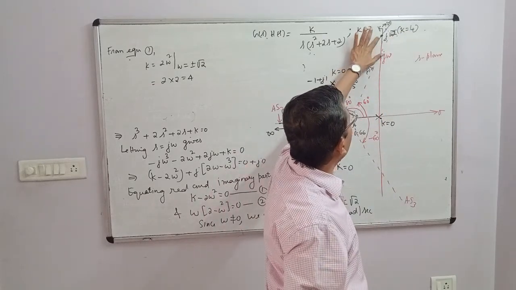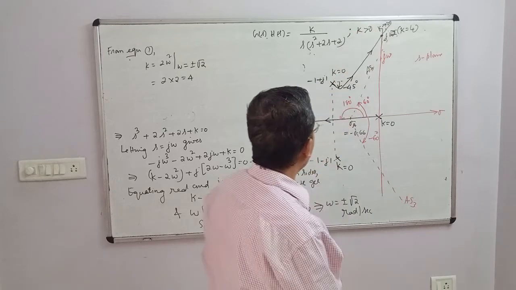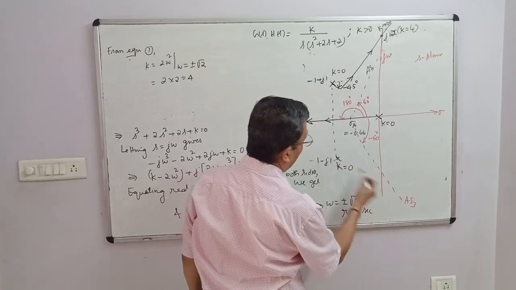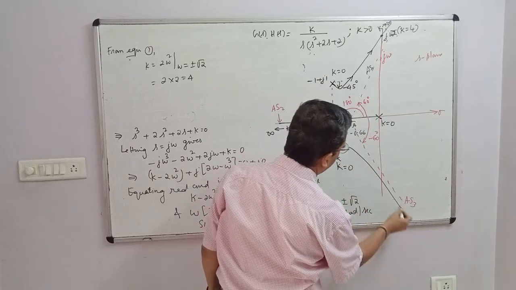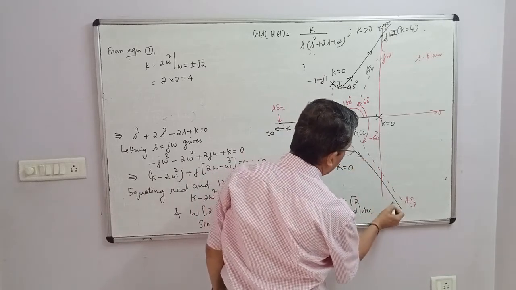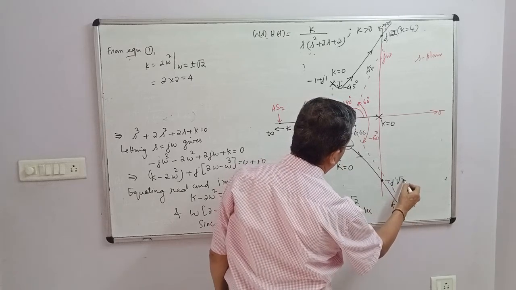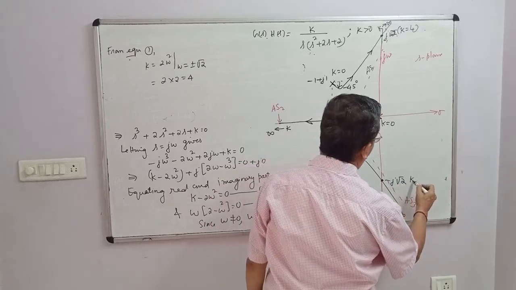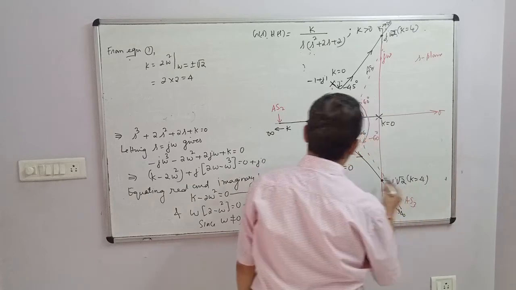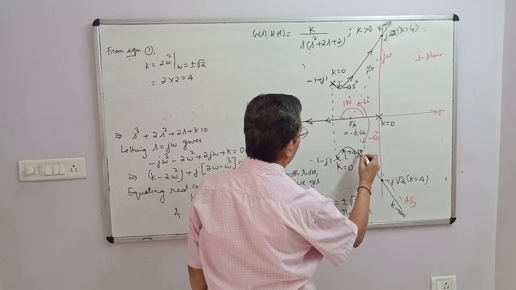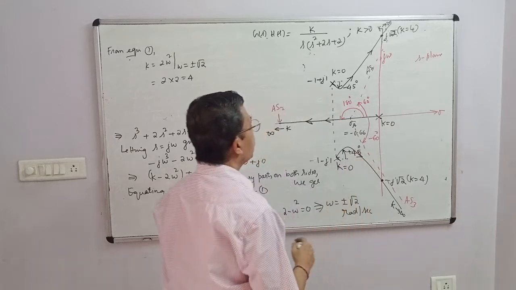At the intersection point on j omega axis the value of k is 4. This pole will go symmetrically along AS3. This goes towards k tending to infinity. This intersection point is minus j root 2 and value of k is 4. This angle of departure is plus 45 degrees.